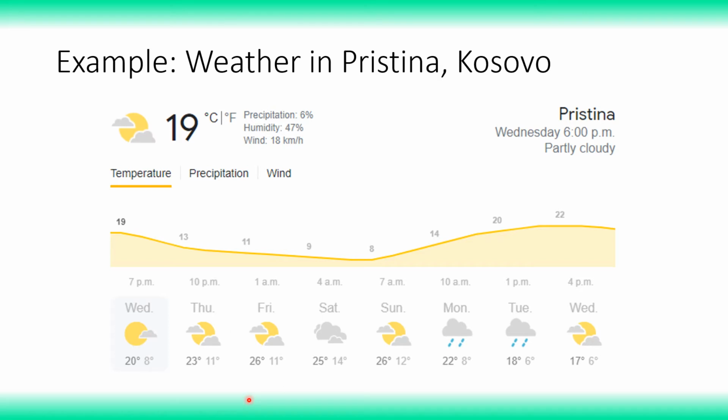So if you look here, this is the weather in Pristina, Kosovo. I've just taken this screenshot right from Google. Basically what's going on here is we've got the different times of day over the course of the next day.